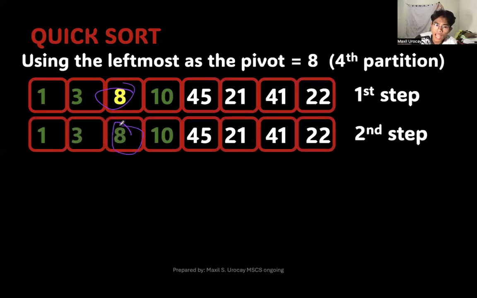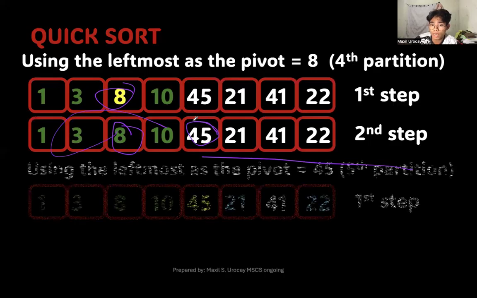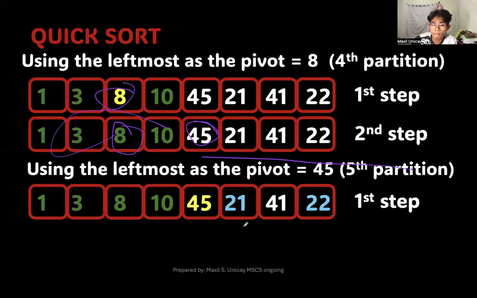Now, afterwards, since we're already done with the left elements, we can proceed to the right elements. So 45 will be your new pivot for the fifth partition. So you compare I and J. I will be 21 and your J is 22. So I is less than 45 and J is less than 45.